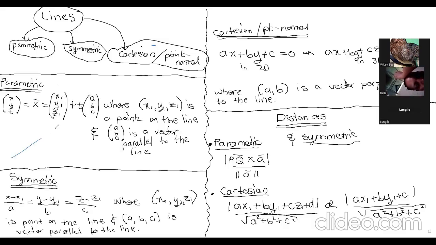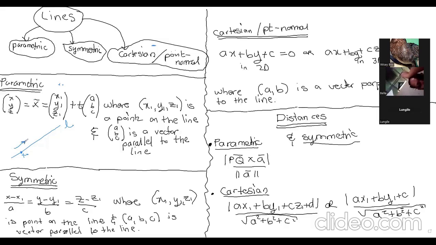So imagine you have a line like this here. Then you have a point. This would be a point, x0, which is this point here. And then a vector will be this one.